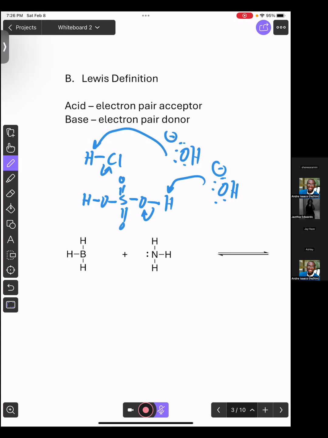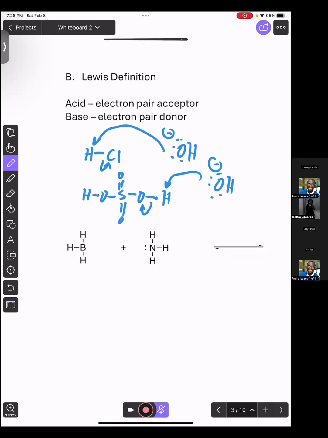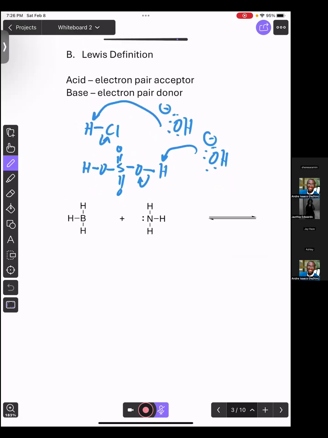You're always giving electrons to a hydrogen. Does that make sense? That's a simplistic way. Lewis acid and Lewis base broadens our understanding of what atom can accept the electrons. Through this definition, we can give electrons to any atom that needs them the most. It doesn't have to be an H.